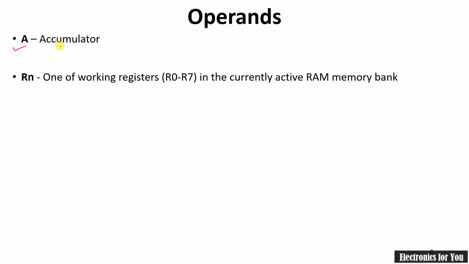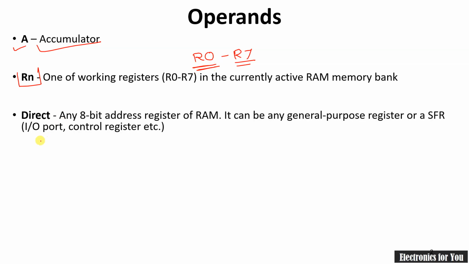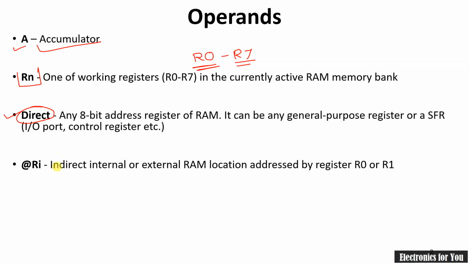The first one is A, which is nothing but the accumulator. Then Rn, which is any register in the register bank from R0 to R7. So we have 8 registers in each register bank. Then direct will indicate the internal memory address of the 8051 microcontroller. @Ri indicates the indirect addressing mode, and Ri is any register, it may be R0 or R1.